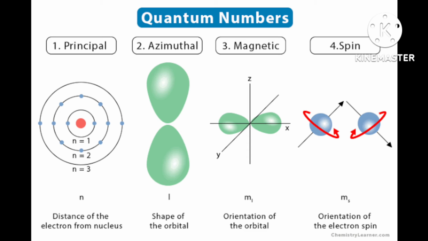These are the relations between n and L. Okay, don't confuse. I have told you how n and l are related. Again I am repeating because it is very, very important. If n is equal to 1, then only one subcell.